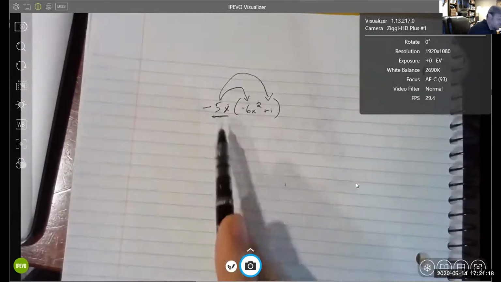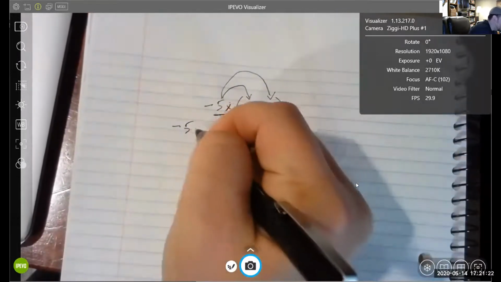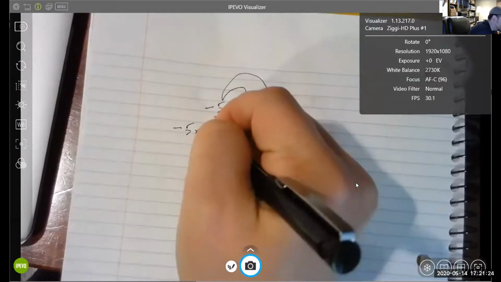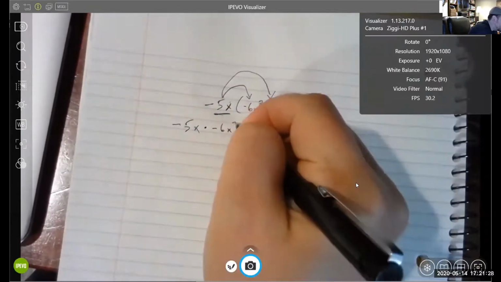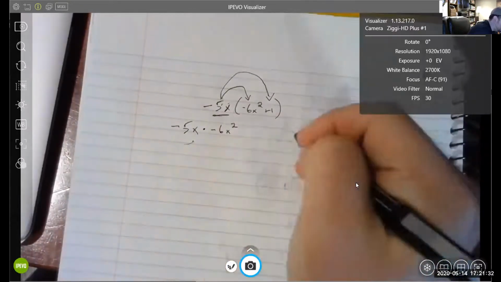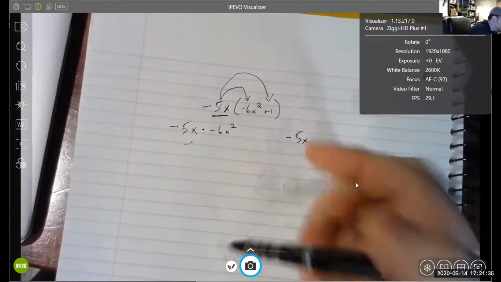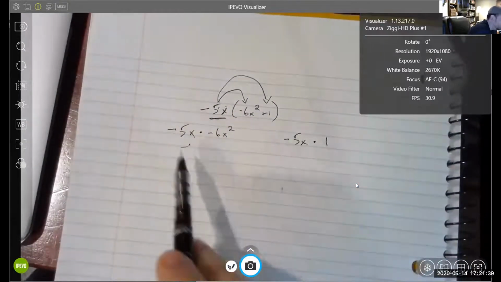So really it's like I'm making two problems out of this. I'm doing negative 5x times the first thing, which is negative 6x squared. That's the first problem I got to do. And then I got to do the second part, which is the same start, negative 5x, and the last part, which is times 1.